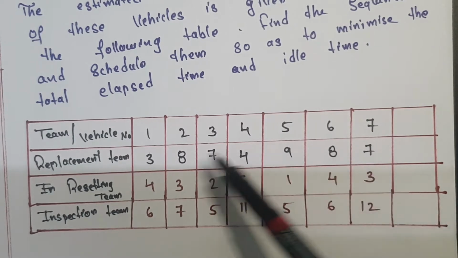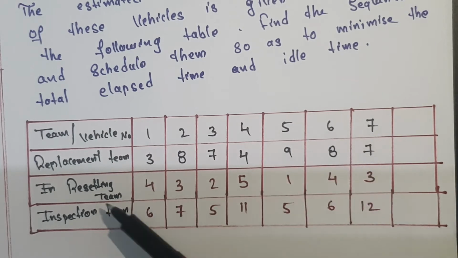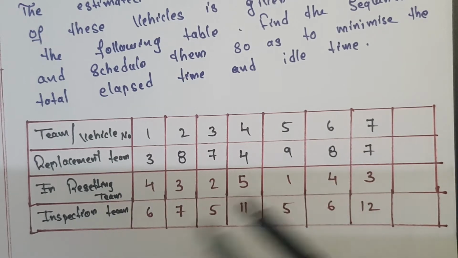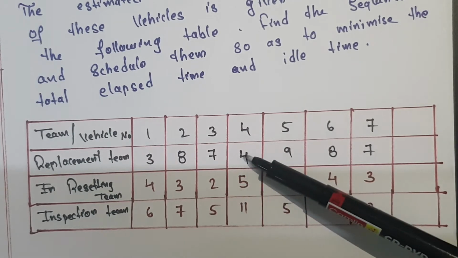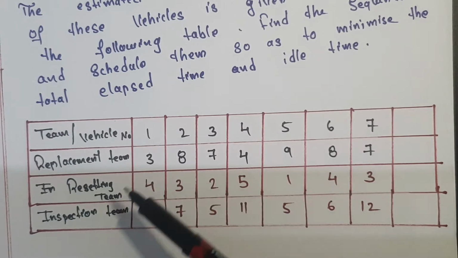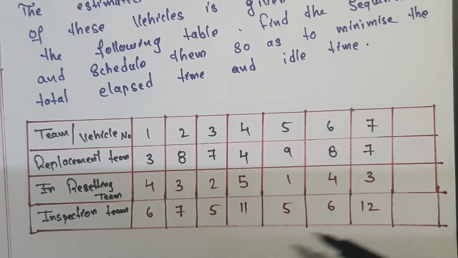Here 3 are given. So you consider this one as machine 1, this as machine 2, and this as machine 3. What you have to do is check: this is known as M1, M2, M3, or row 1, row 2, row 3.